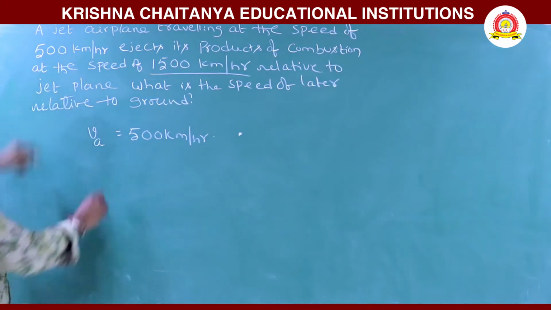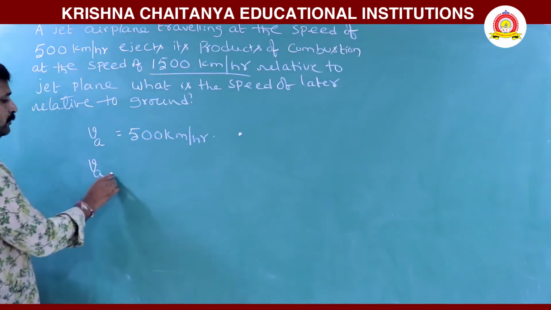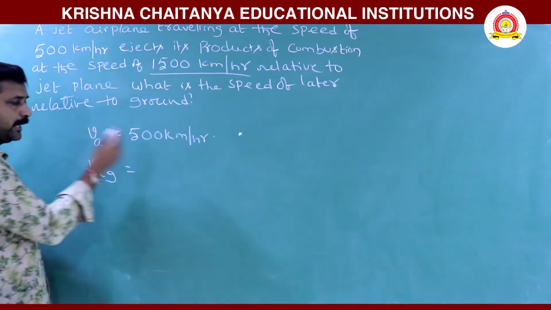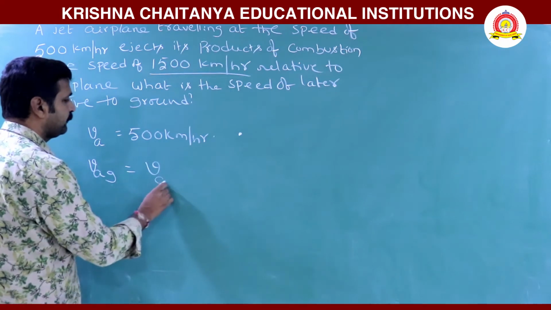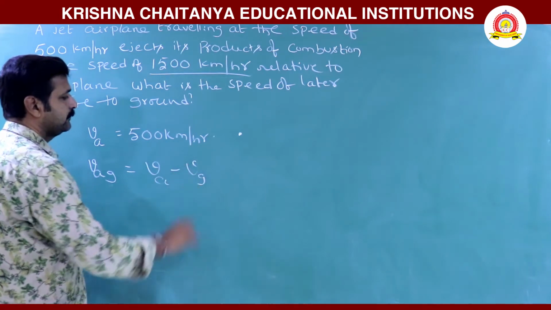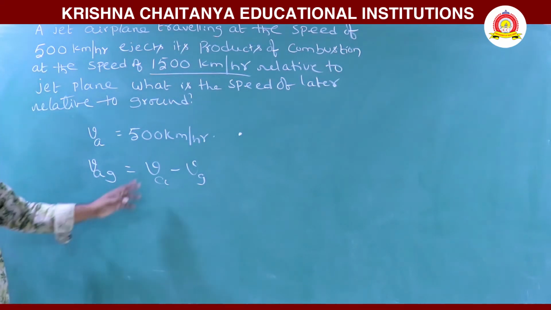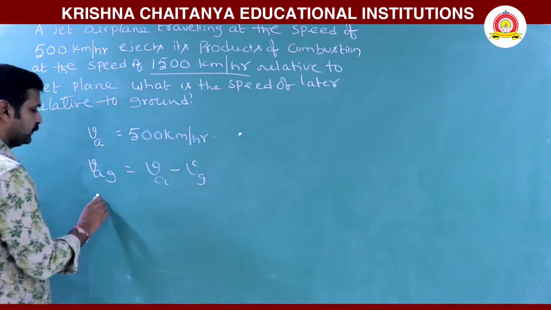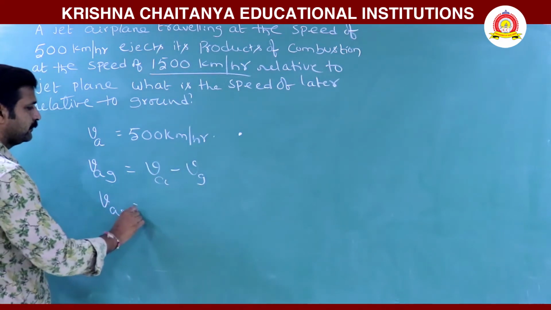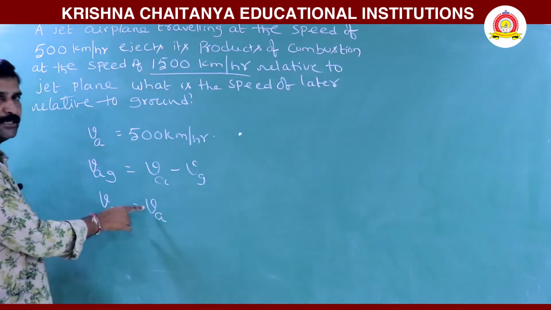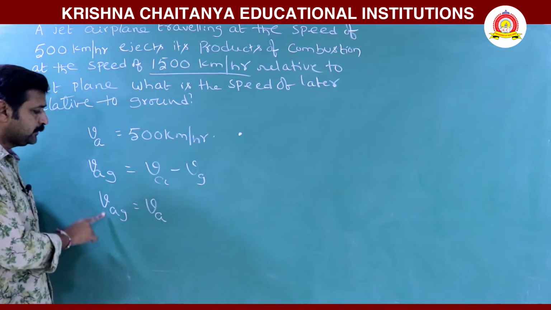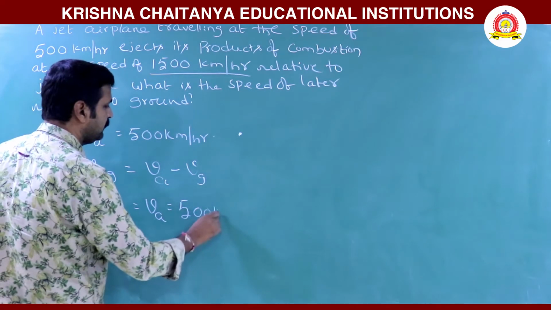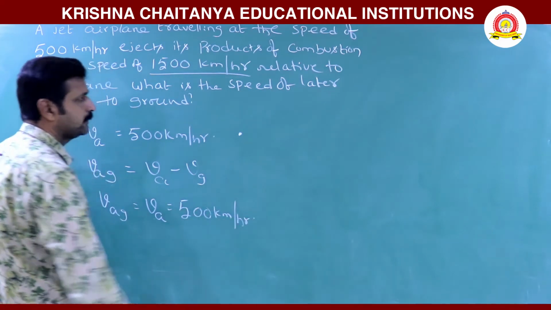Alone means with respect to the ground, so we can write the velocity of aeroplane with respect to ground, according to our notation, as VA minus VG. But the velocity of ground is always 0. So VAG is VA, given as 500 km per hour.